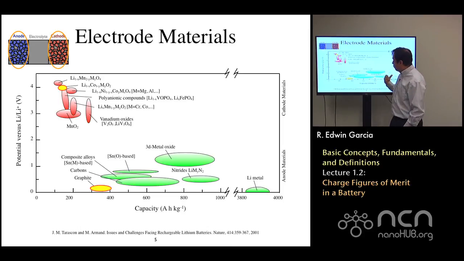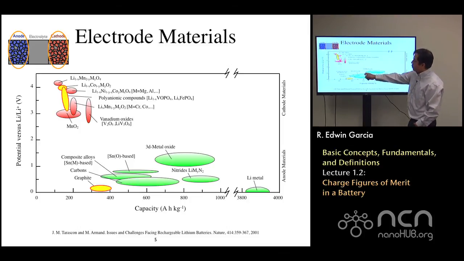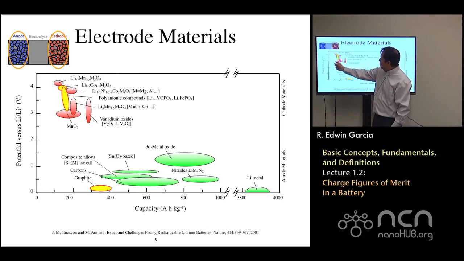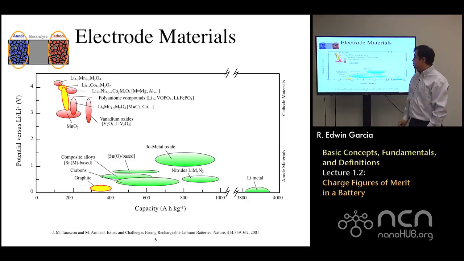So in order to avoid that, people have been using graphite as the reference, which gives you a lower capacity, but it allows you to avoid all the shortcomings that lithium metal may have. And of course here the materials that have been used the most are lithium cobalt oxide and lithium nickel cobalt metal oxides. These are the sections where you would see the most being used these days.